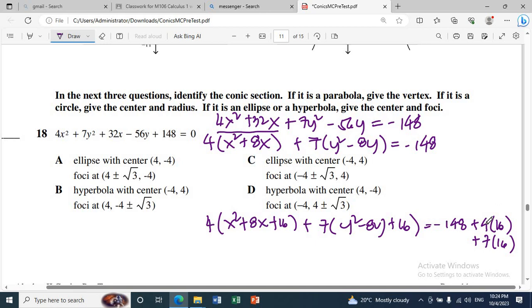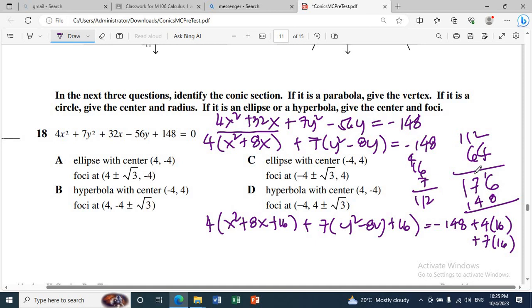So let's see. 4 times 16 is 64. And then 7 times 16, this is 112. Combine this, you have 176 minus 148.